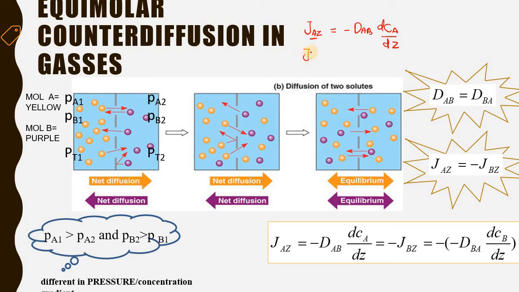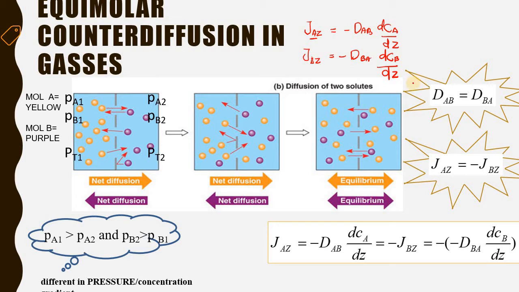I will replace A with B, so JBZ is equal to negative DBA dCB over dZ. If I have component B, I use the same equation and replace A with B to calculate the molar flux for species B.